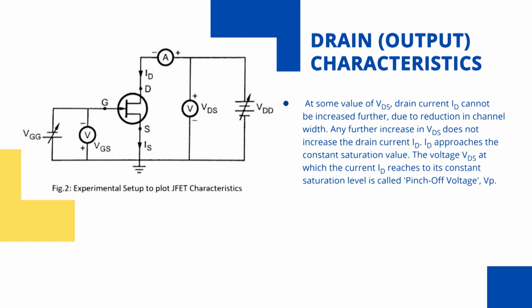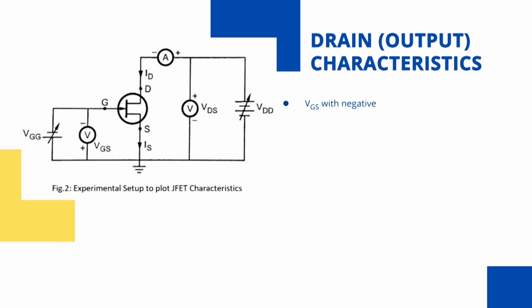The voltage VDS at which the current ID reaches its constant saturation level is called the pinch off voltage. It is also represented as VP.